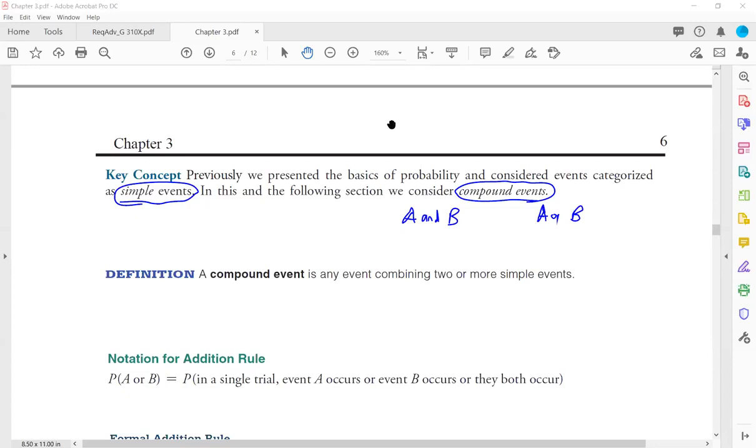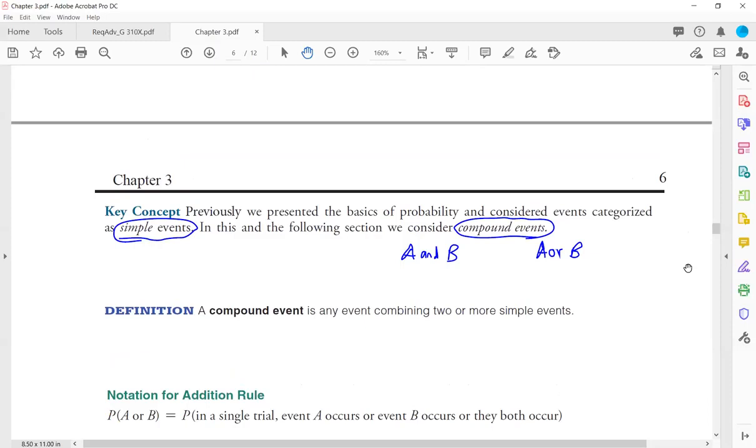So here's a question for you. Have you seen union and intersection before? Let's write a quick note for you.